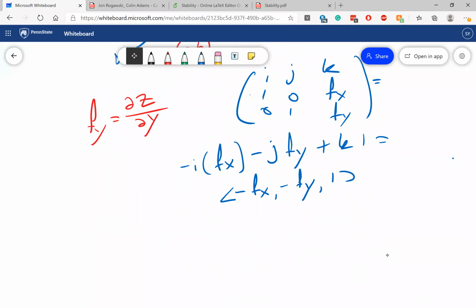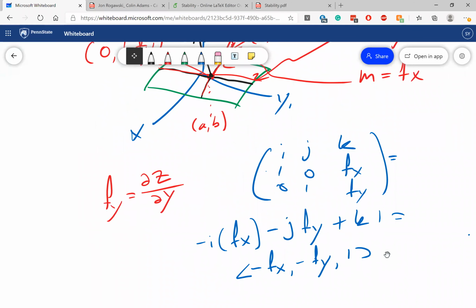And that point would be, let's do in general, x, y, z.